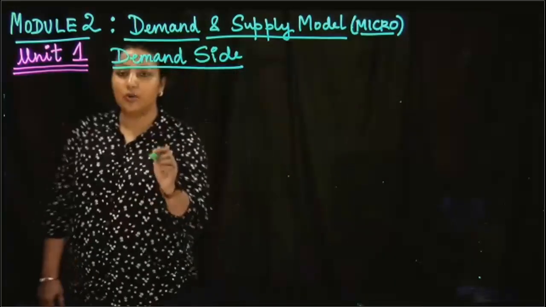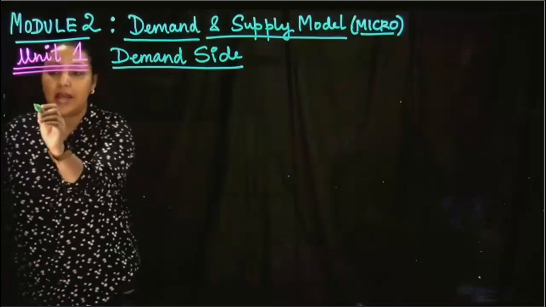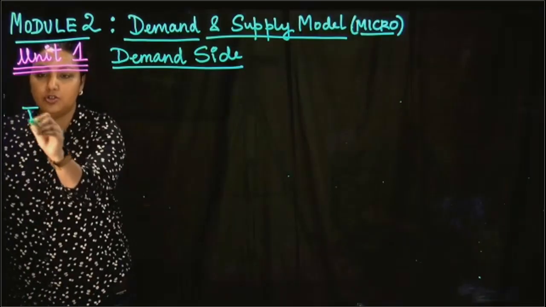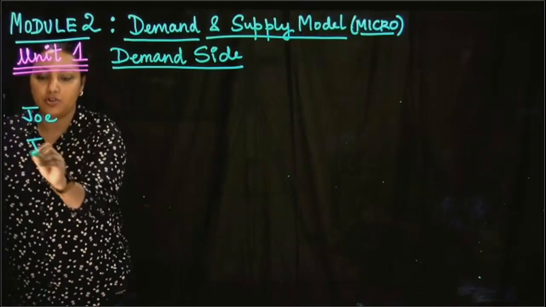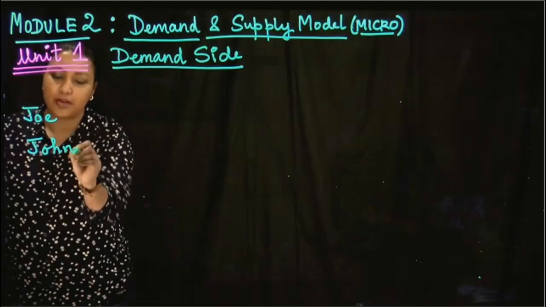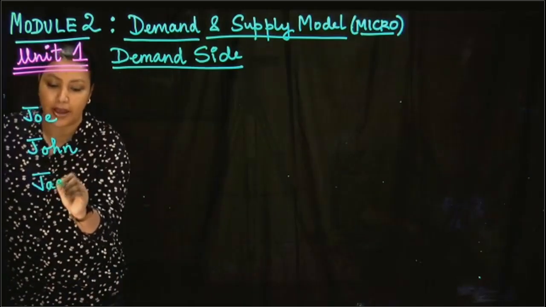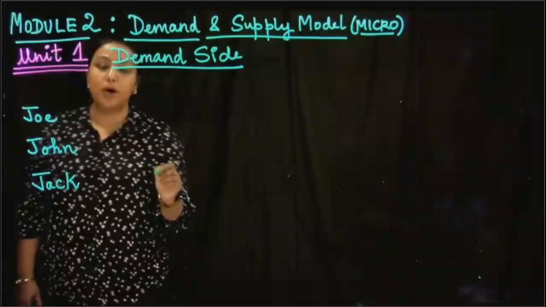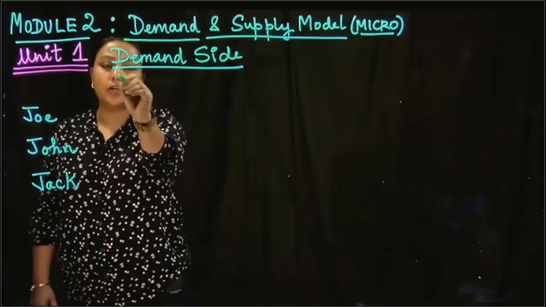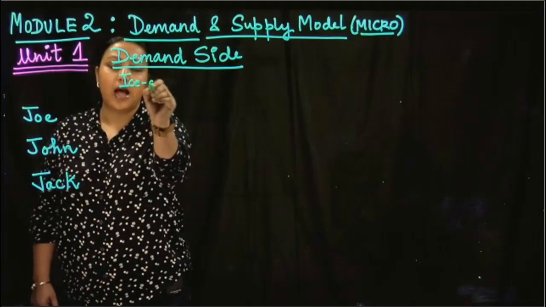Now let us write down a relationship. Let's just say we have three buyers, Joe, John and Jack. So these are the three buyers, and we have the commodity ice creams.